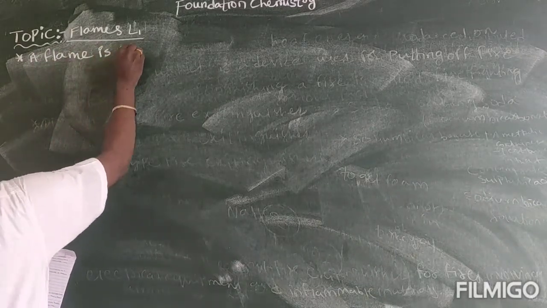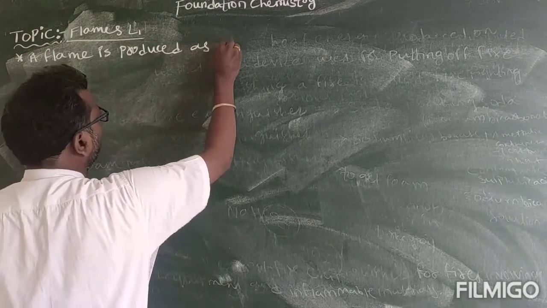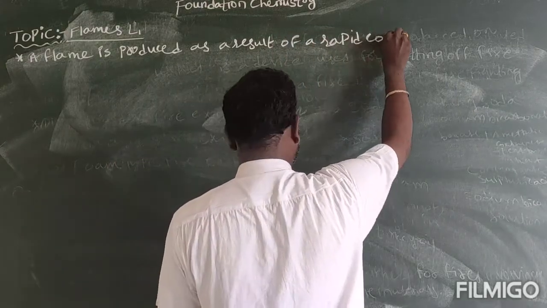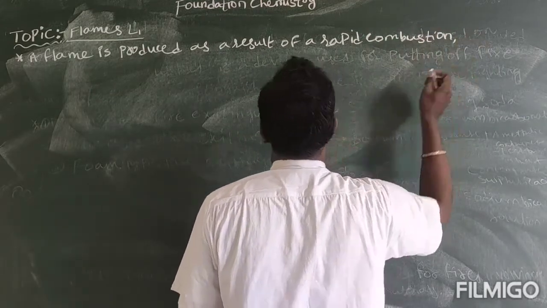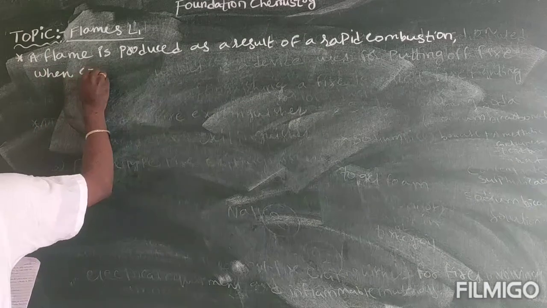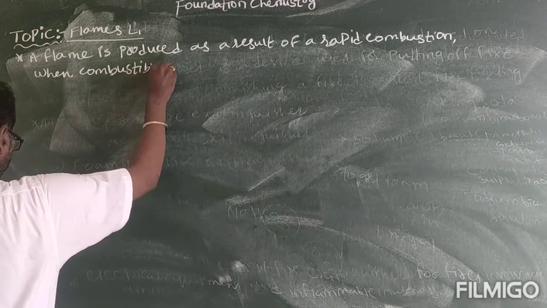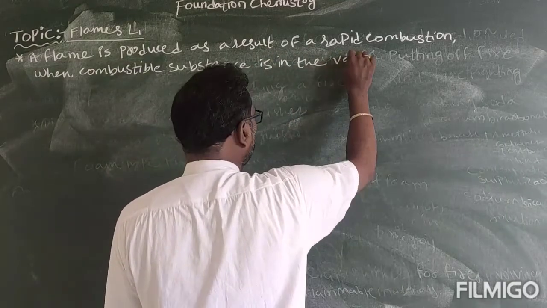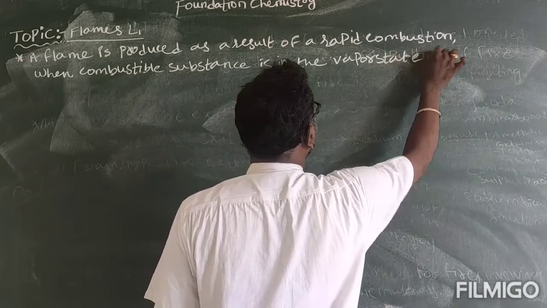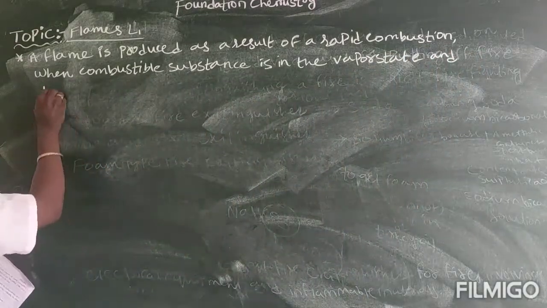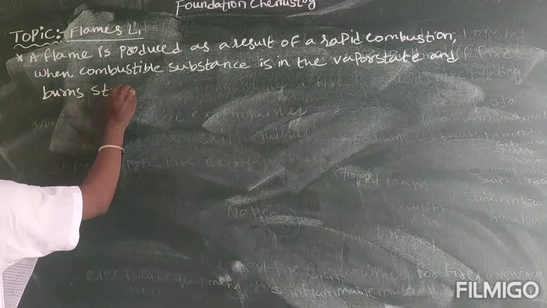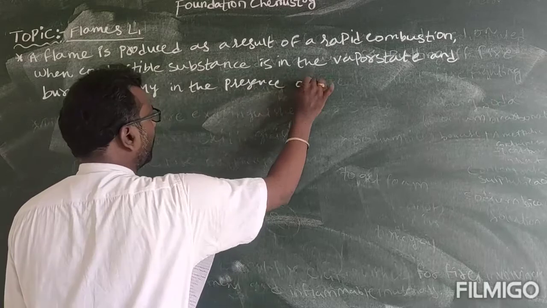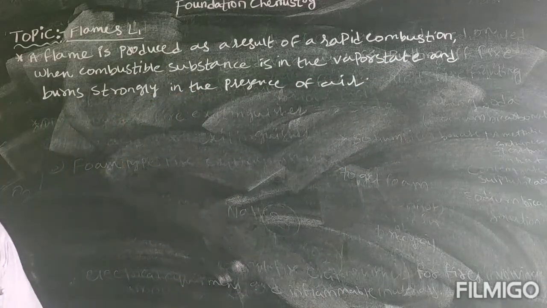A flame is produced as a result of rapid combustion, when combustible substances in the vapor state burn strongly in the presence of air. That is called a flame.